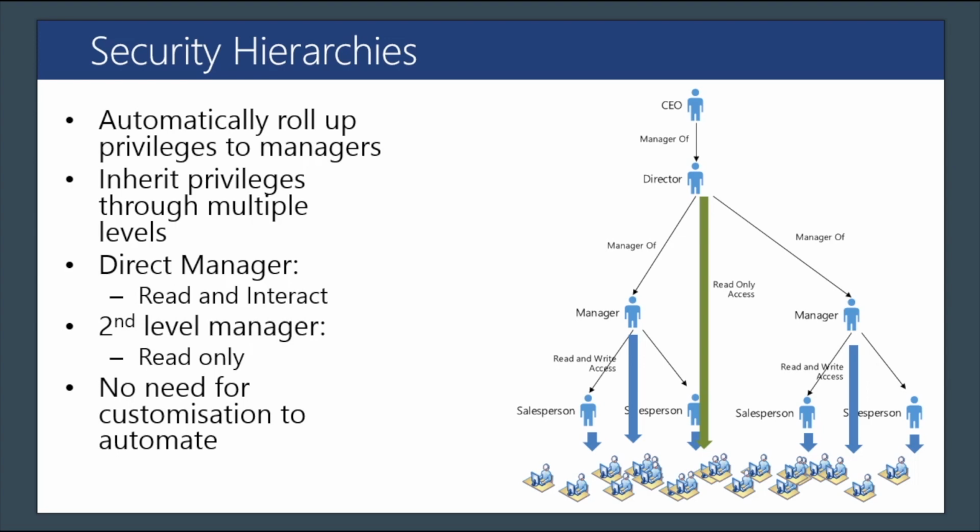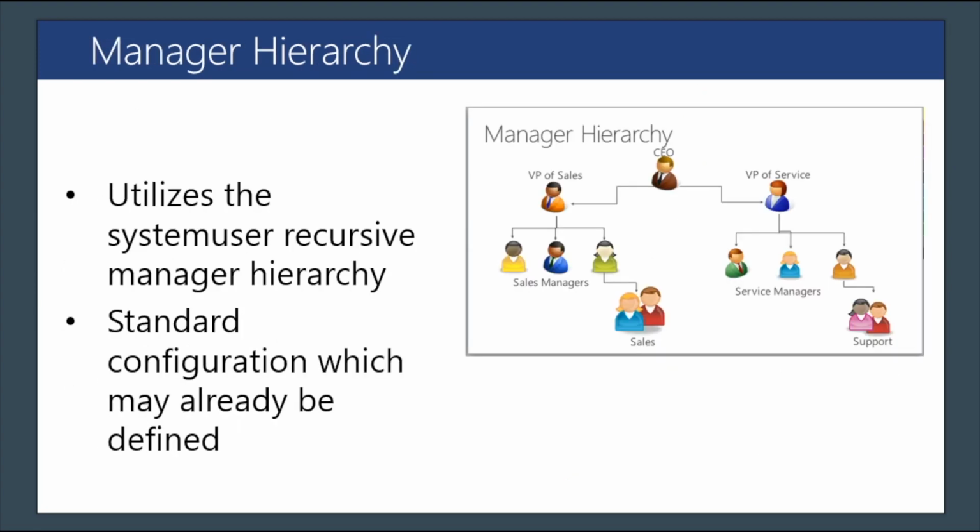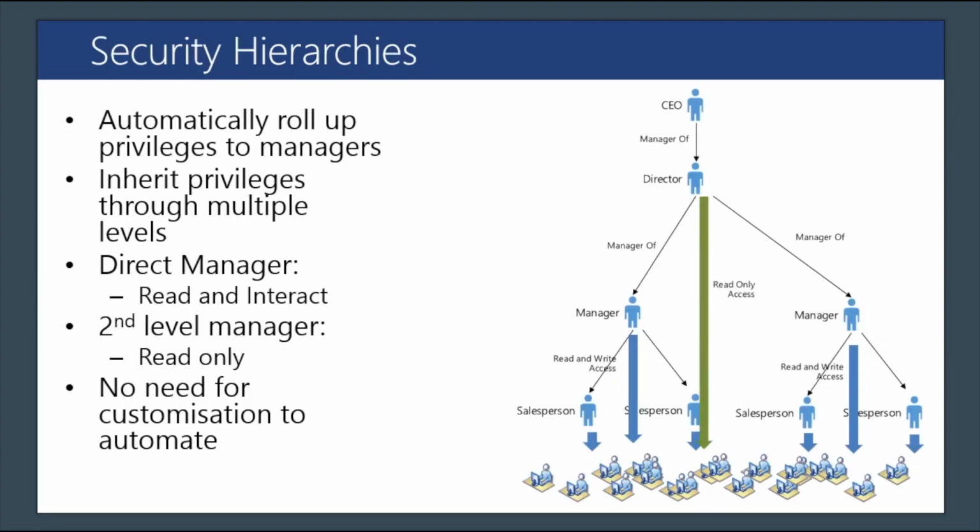They would be granted read level access to the salesperson records. The CEO, who is the manager of the director, isn't granted access to these records, right? And likewise, the director would have read, write access to any records that were directly owned by the manager.